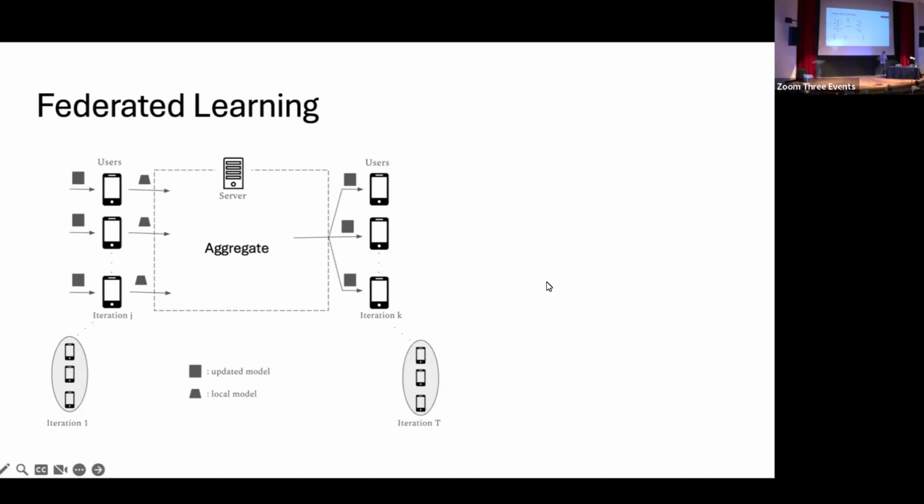Every so often the server selects a subset of the clients, gives them the current model parameters, and then the clients locally train this model for some steps on their data, and then upload their updated local model to the server, who then aggregates them and sends the new updated model to the next set of clients. And we repeat this until we get some final model.